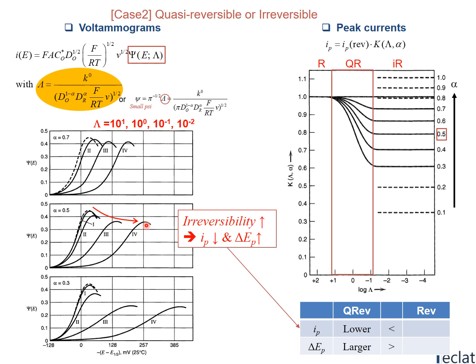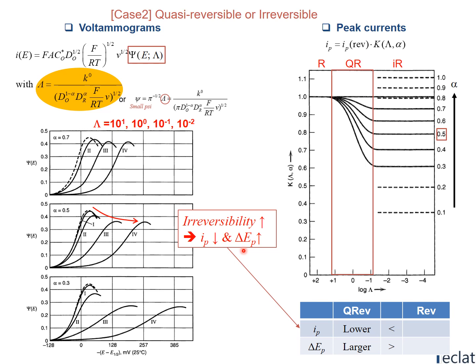As the lambda value goes down, that is to say, as the irreversibility goes up, the peak current goes down, with the peak-to-peak potential gap increasing. These are two characteristics when irreversibility is involved in your system.